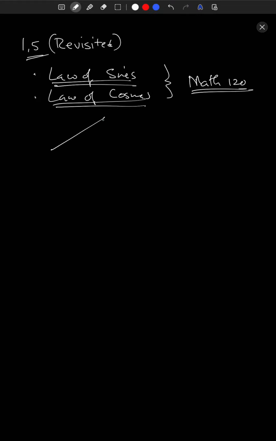For example, if I told you I had a right triangle like this, and this angle here was 30 degrees, and that side right there was 2, then you could tell me all the rest of the information about the triangle: the last angle, and this side and that side. The reason we can do this is because this is a right triangle, so it's super important that we have the Pythagorean theorem, and we know the trig functions.